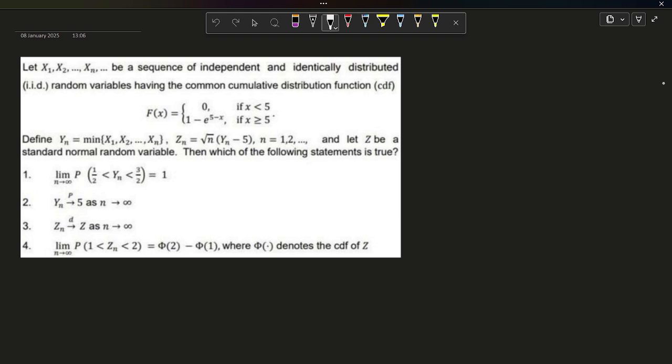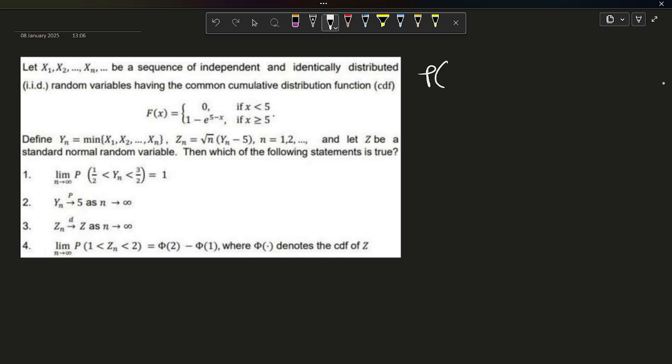We are given the cumulative distribution function of X here, and the definitions of Yn and Zn. So we first have to think about the behavior of Yn as n tends to infinity. The minimum of n IID random variables with CDF F(x) has its own distribution.